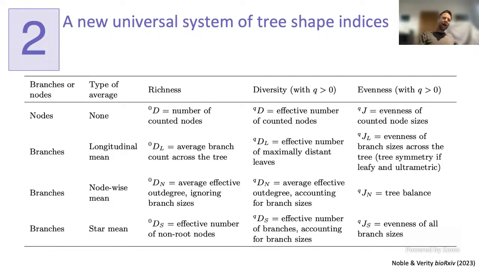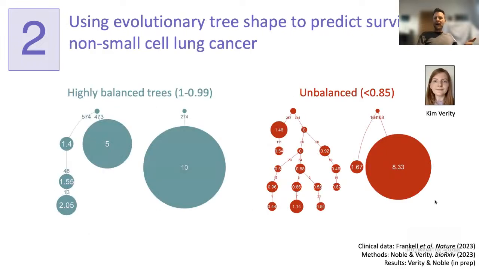And so having developed these indices, we then said, what data sets can we apply it to? And the data that came along, which was actually published after we developed our methods, was in a new paper from TracerX by Frankel et al. And the great thing about that paper was they had far more trees than before. They had the clinical outcomes, and they made all the data public, which was immensely valuable. So I'm very thankful to them for doing so.